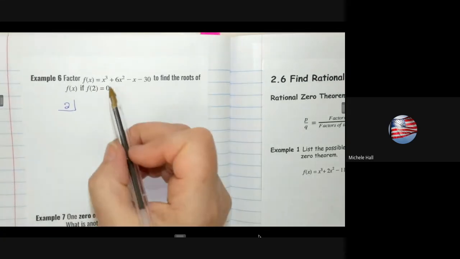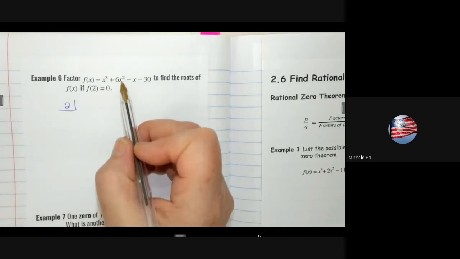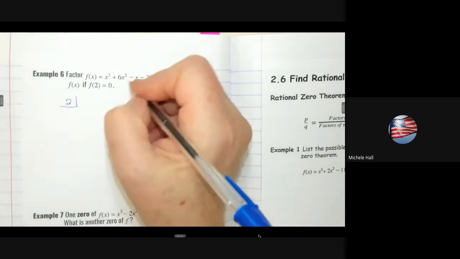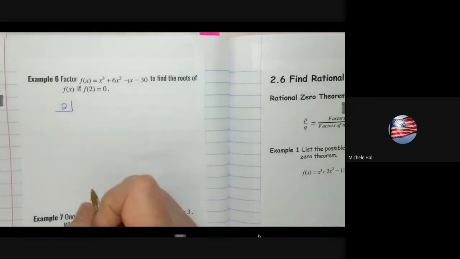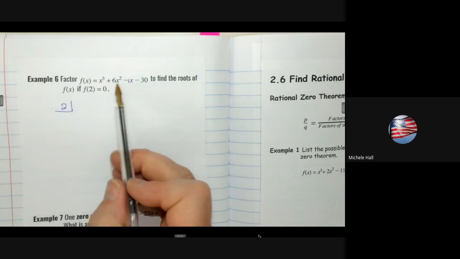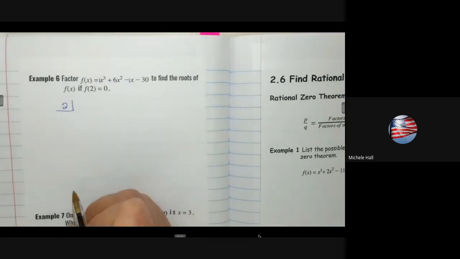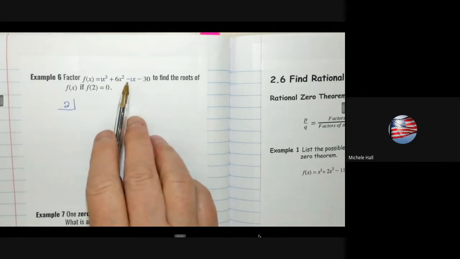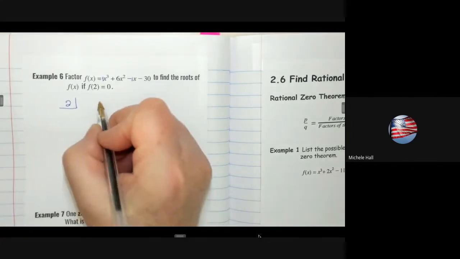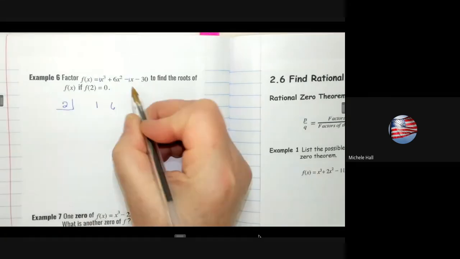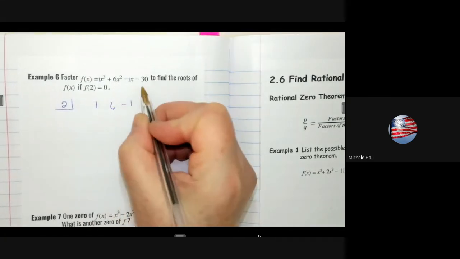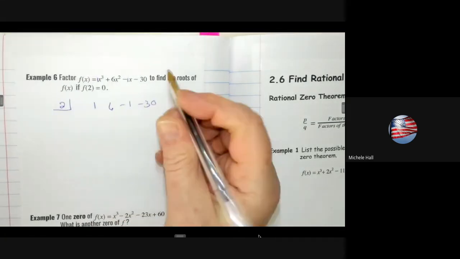And then we peel off the coefficients, x cubed, x squared, x, and the constant. We have all the terms in descending order. Don't forget your 1's in front of your x's or your negative signs. We have 1, 6, negative 1, and negative 30.